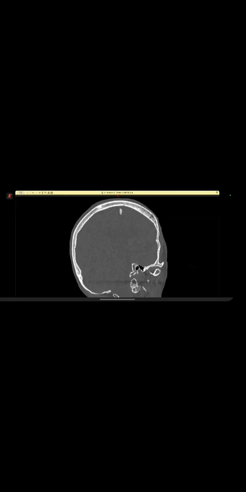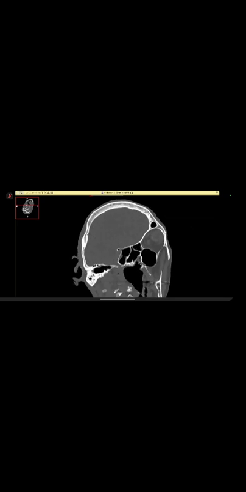Here you are. The patient is not cooperative, so it is quite a rotated type of skull. If you want, I can show you the axial once again. Okay, just a second. You want to see the axial? Yes, sir.